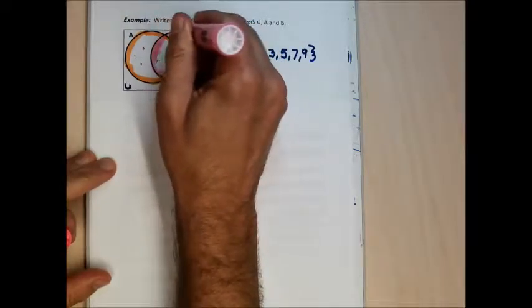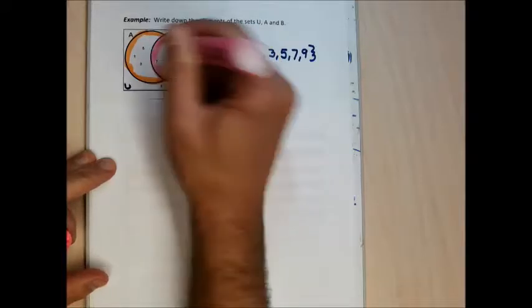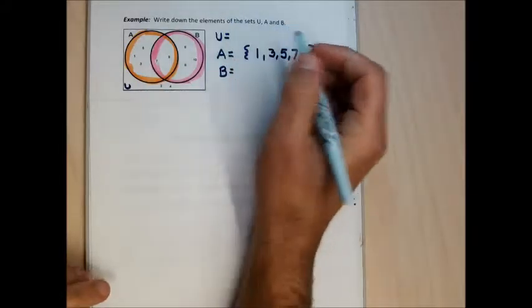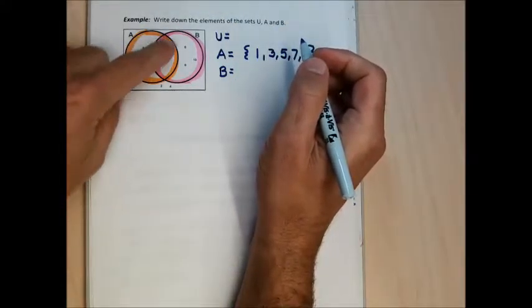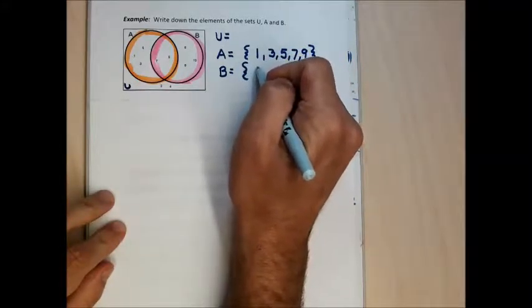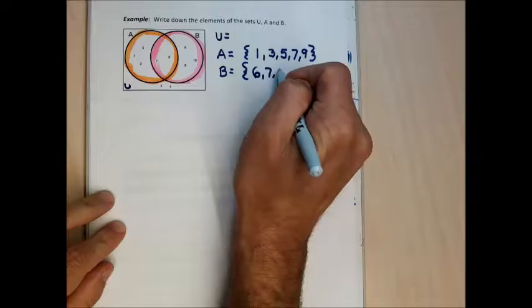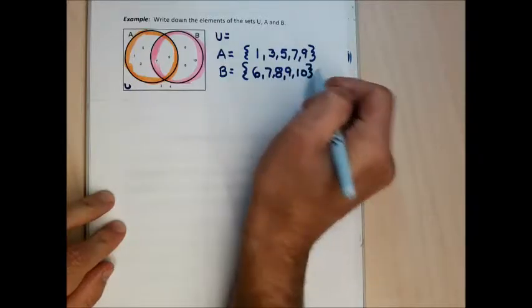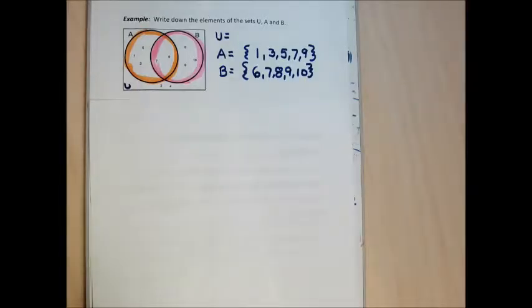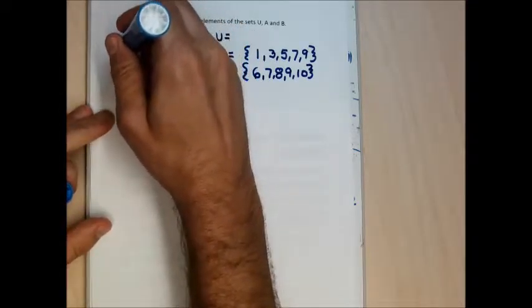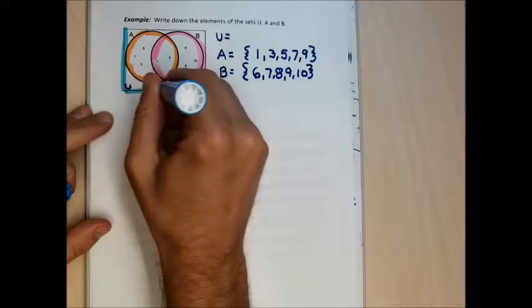And so I've kind of colored in a little bit set B in pink, and any element inside this pink circle that I drew, namely 6, 7, 8, 9, and 10, are going to be the elements of set B. And then the universe is any number that's in the entire square. So any number that's inside the square that I see is going to be part of the universal set U.